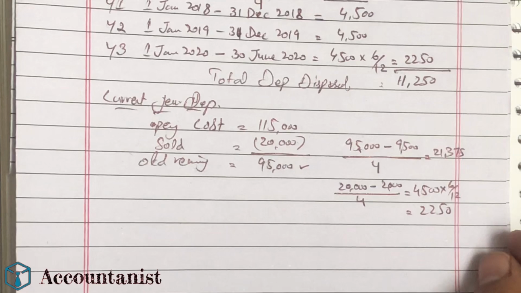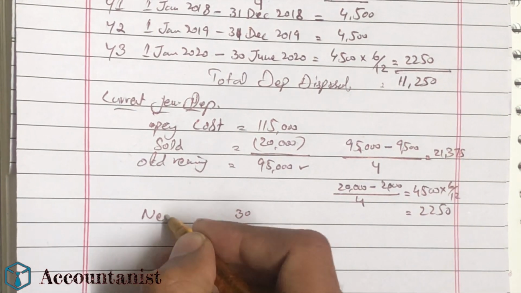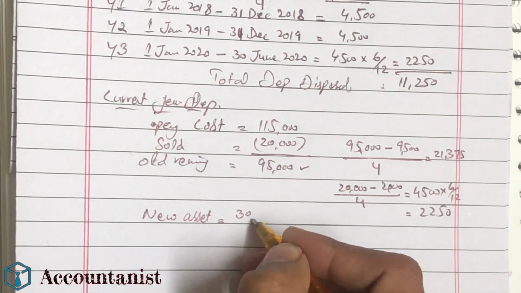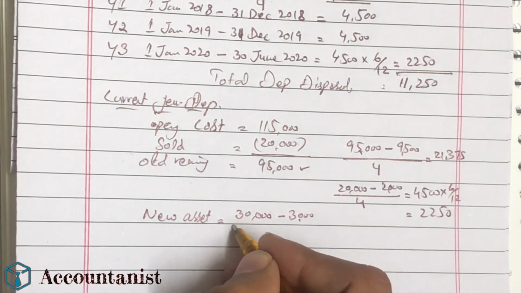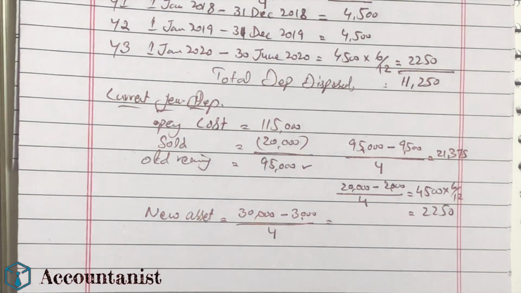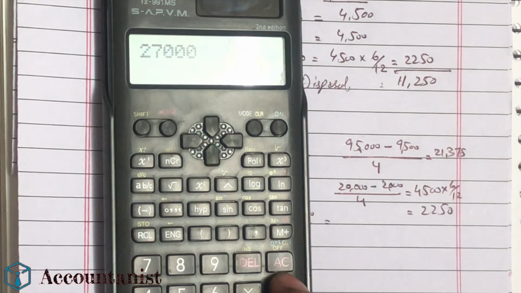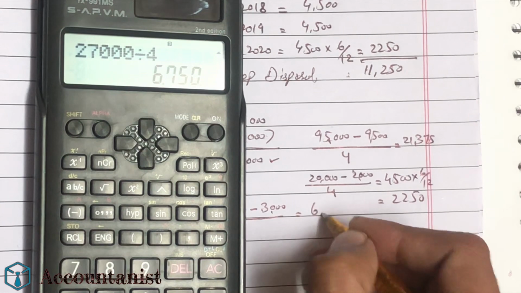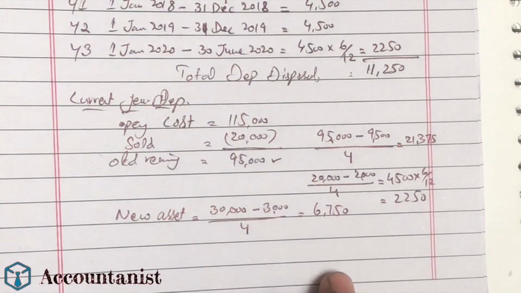So in the working for the new asset purchased, 30,000 less again 10% of the cost value, which means 30,000 less 3,000, 27,000, divided by the useful life of 4, gives me 6,750. So 6,750 is the depreciation of the new asset.